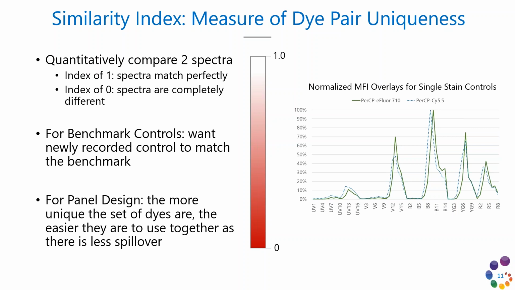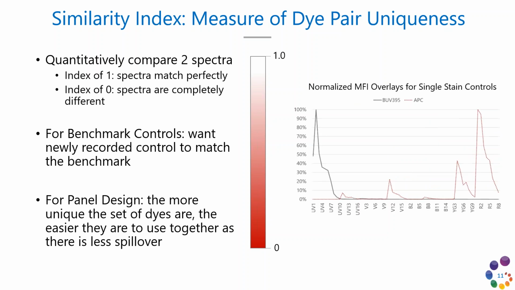What you can see between these two is they're quite similar in their emission characteristics. It's almost like they're emitting in the exact same places on each laser line, and they're both excited by all 5 lasers on board the system. So when two dyes have such close emission characteristics, you wouldn't be surprised that they have quite a high similarity index score. For this particular combination, it was 0.9.